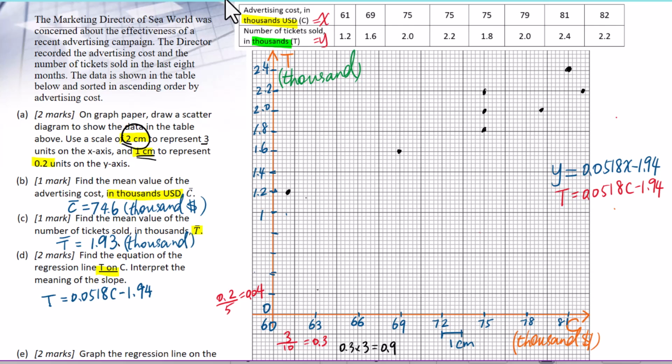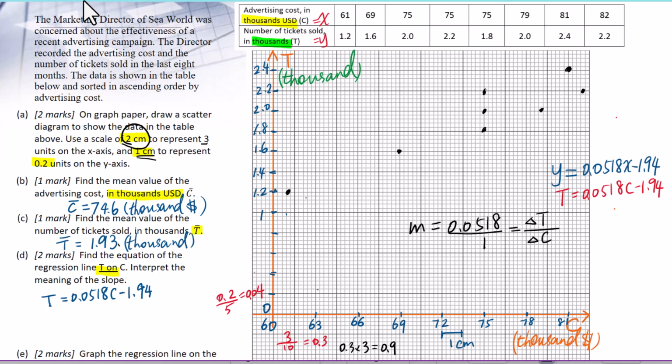Interpret the meaning of this slope. Slope equals 0.0518 over 1. This equals delta t over delta c.